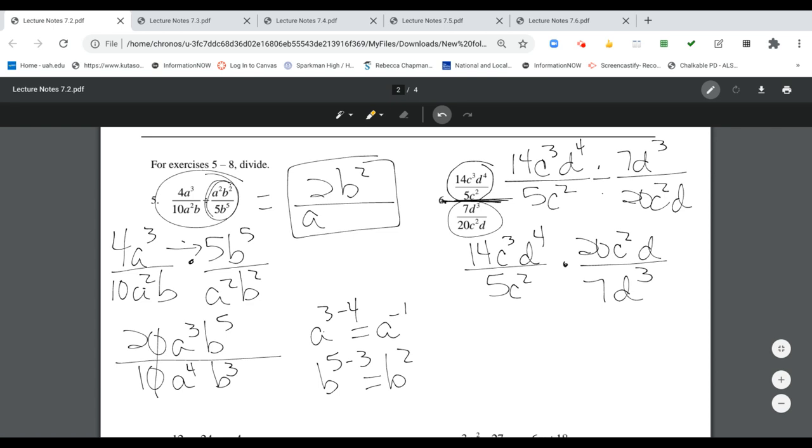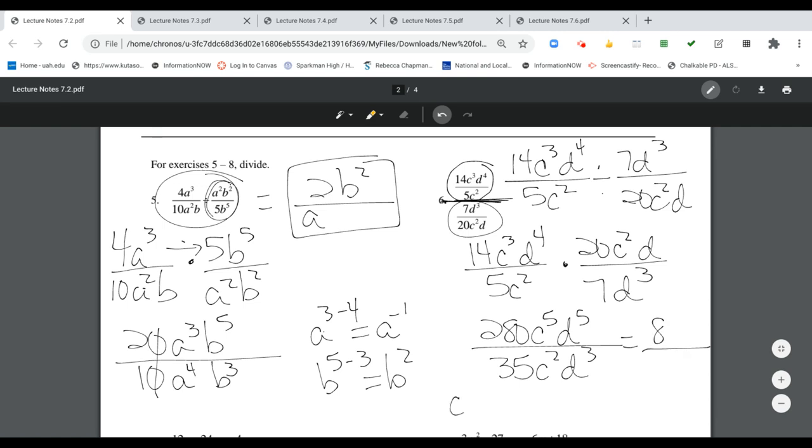So 14 times 20 gives me 280. So 280 c to the 5th, d to the 5th, divided by 35, 5 times 7, c squared d to the third. Now, 280 divided by 35 is just 8.